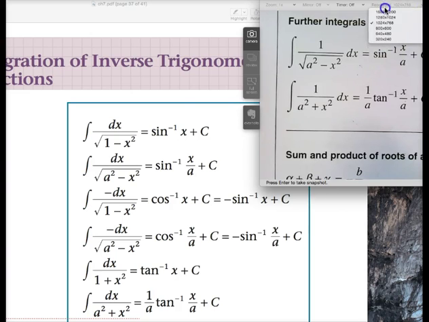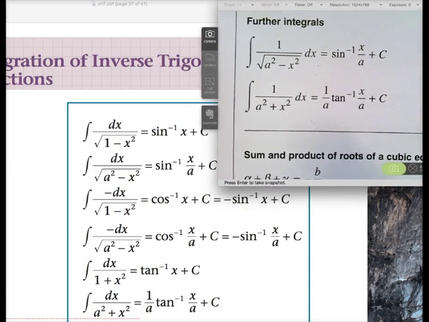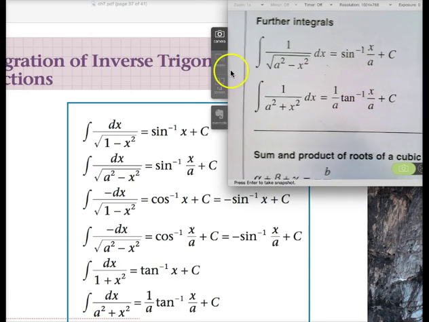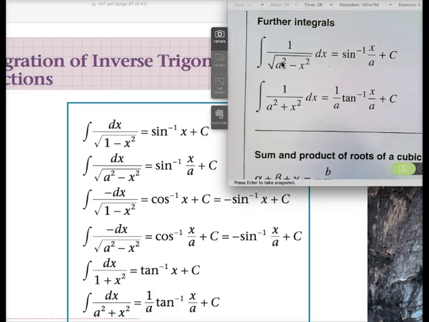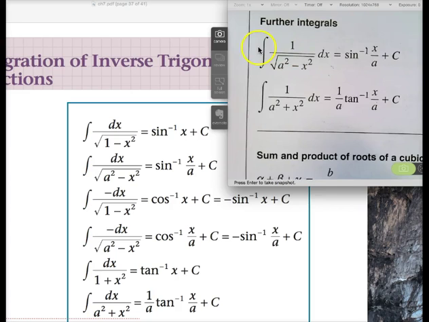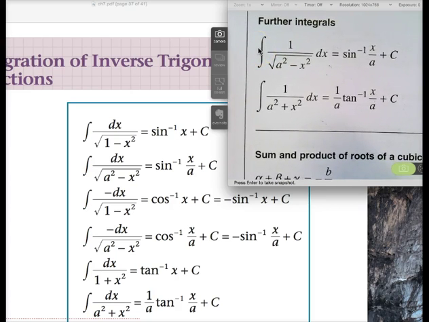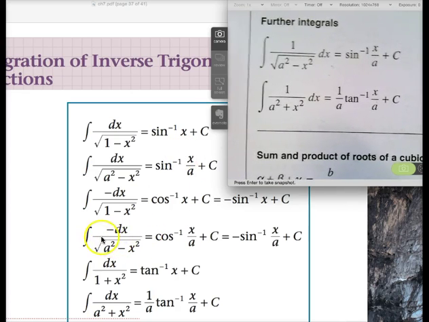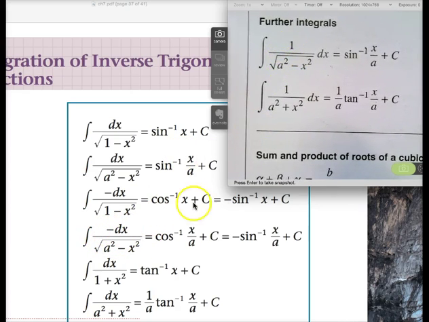Notice on the formula sheet, there is no integral that gives you inverse cos. Remember, it's the negative 1 over. Alternatively, you could pull out the negative in front of the bracket and make it a sine one if you wanted. So same with the a: negative 1 over the square root of a squared minus x squared would be inverse cos.